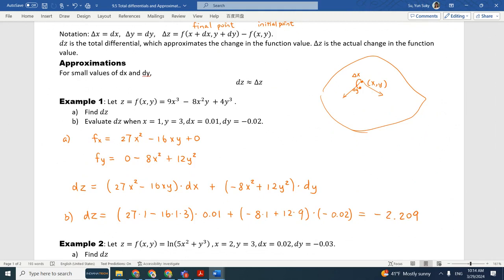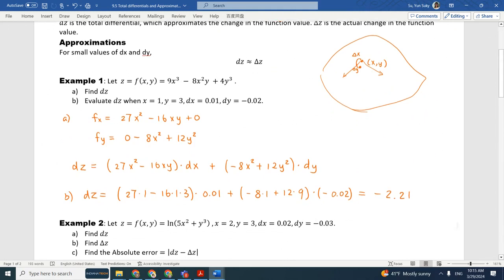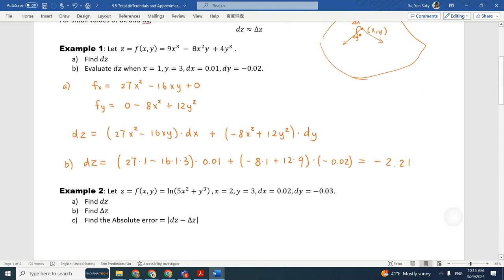Do you have the same answer? Kind of? Oh, okay, 2.21. Maybe a little bit? Okay, so good. So that is example 1.